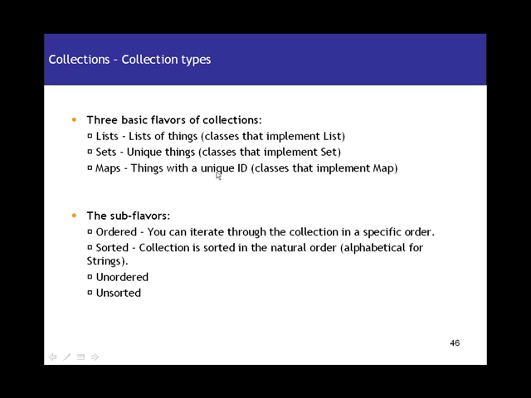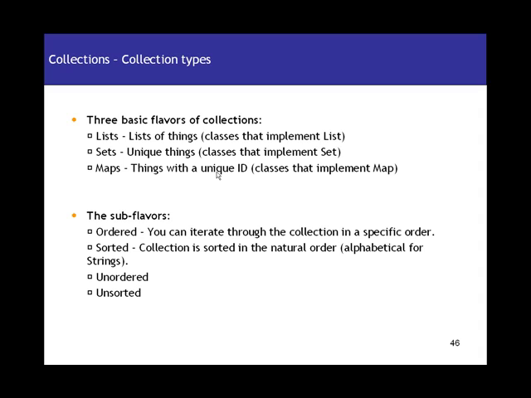So what's the difference between maps and sets? When you come to maps, it is actually a name-value pair implementation. So if I have a student object, I can store the student roll number, which is a unique key, as a name, right?